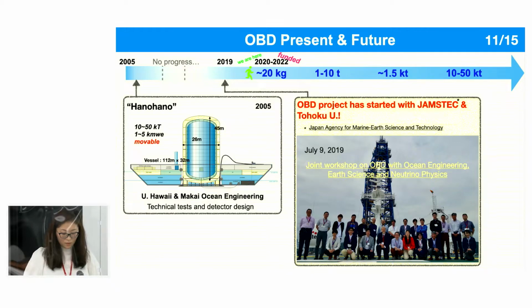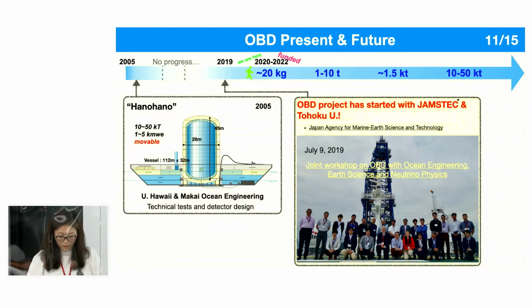This detector was called Hanohano, and the design is the same as the OBD design. They did a lot of technical tests and detector design at this time. But unfortunately, there was not much progress until 2019.